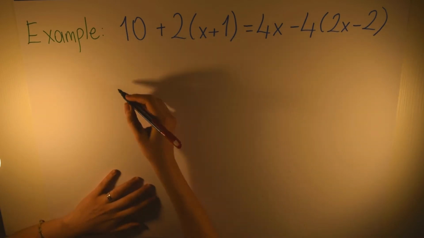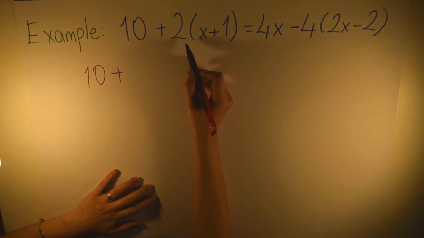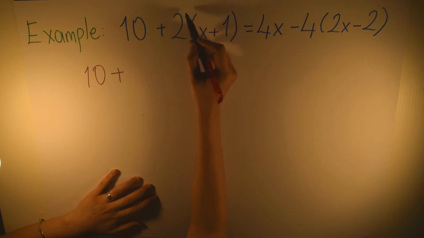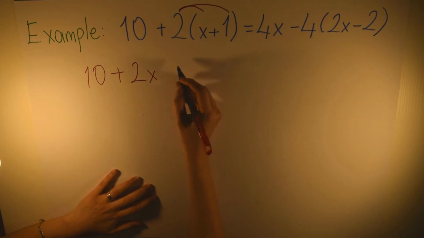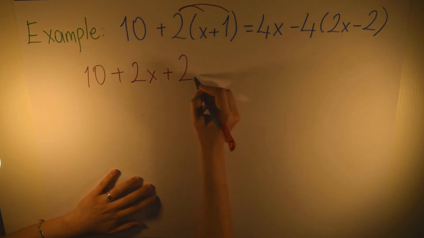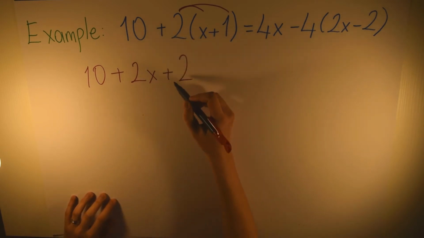Okay, let's do this. Here we have 10 plus, so we multiply this number by the members within the parentheses, okay? So here we have 2x plus 2. 2 times x is equal to 2x. 2 times 1 is equal to 2.